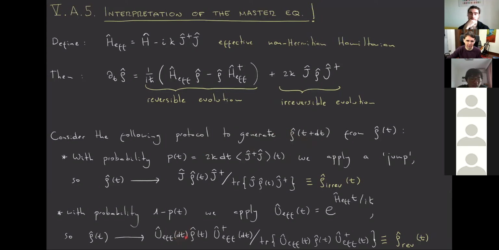Yes. Okay. So before this was t, and what I said is that I made the mistake: this is the time evolution operator associated to the effective Hamiltonian, but here we are applying the evolution only during a time dt because we go from t to t plus dt. Okay.